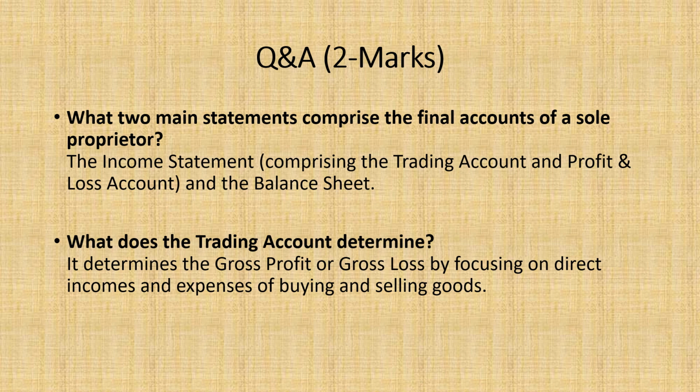What does the trading account determine? The trading account determines the gross profit or gross loss by focusing on direct incomes and expenses of buying and selling goods. Trading account is mainly prepared to find out gross profit or gross loss by considering all sales and purchases and other expenses relating to trading.